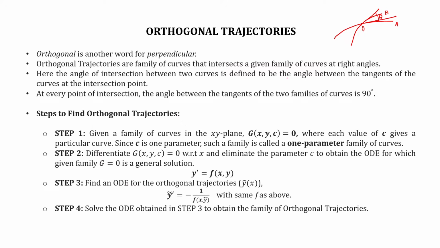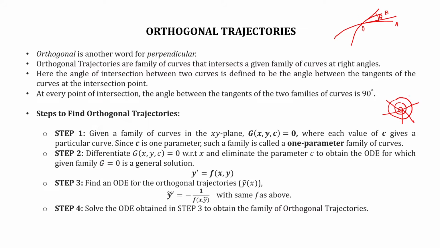For example, let us take a family of circles. Now if this is a family of circles, by common sense you can see that this family of straight lines which passes through the center of the circle are orthogonal trajectories to the given family of circles.